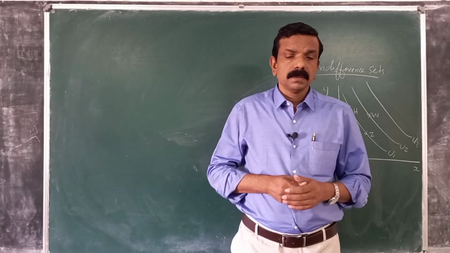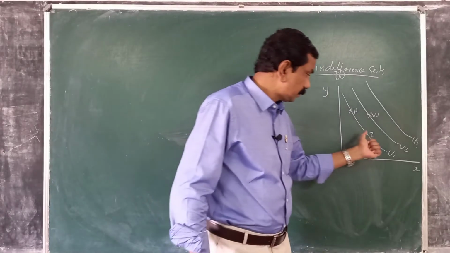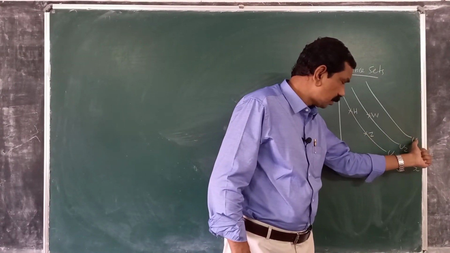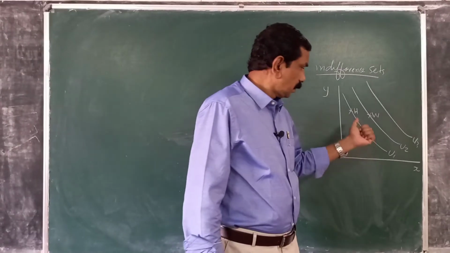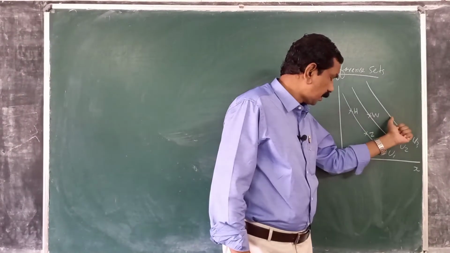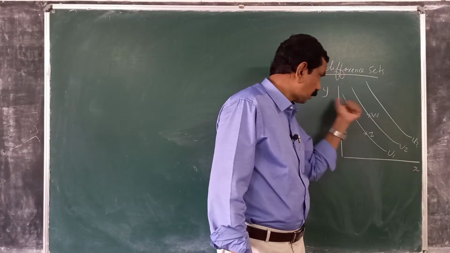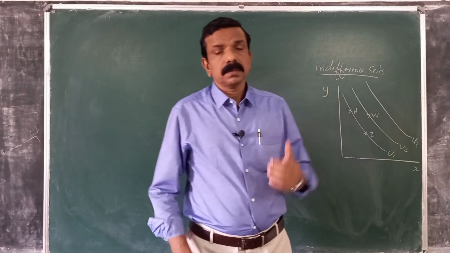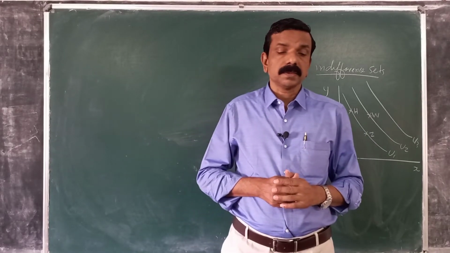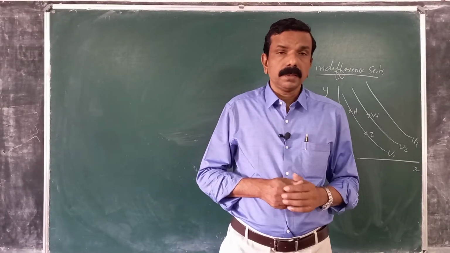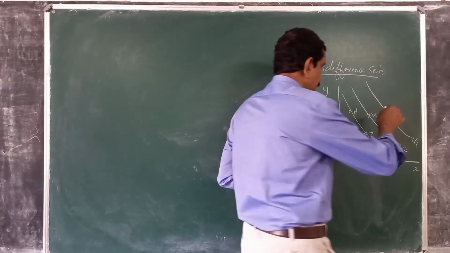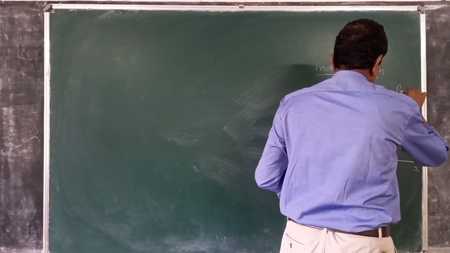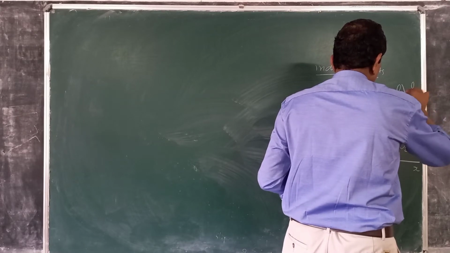As you move from indifference curve u1 to u2 to u3, a movement involving an increase in either x or y or both, the utility received by the consumer increases, and we say he moves towards what is known as global bliss.